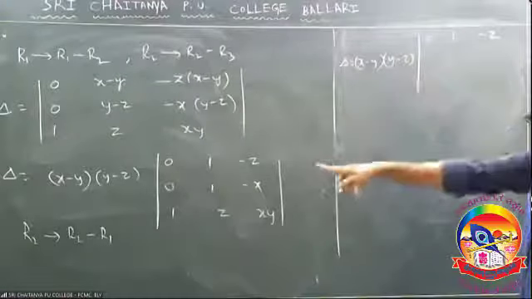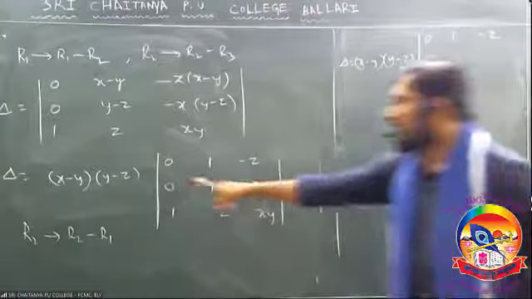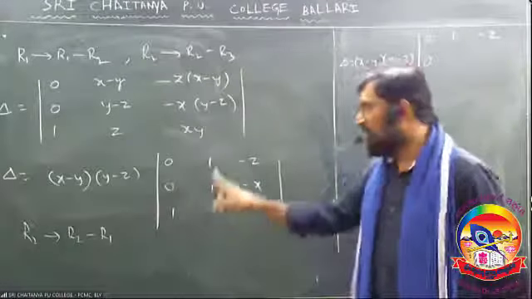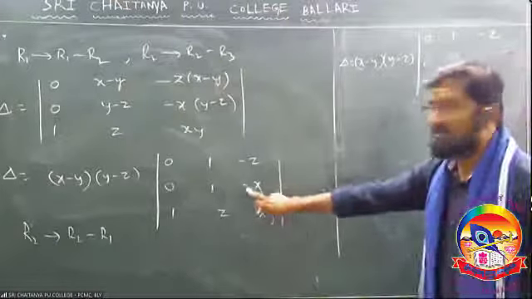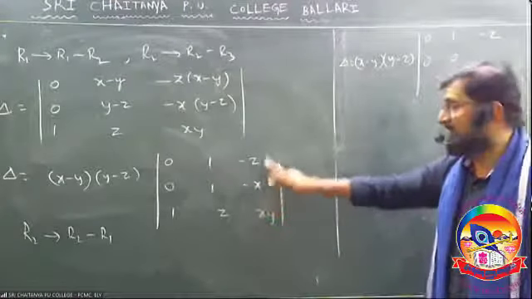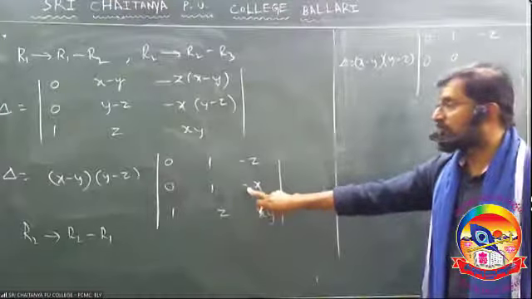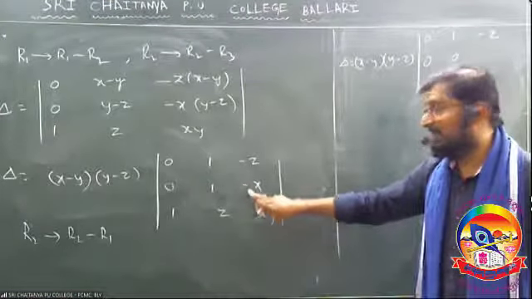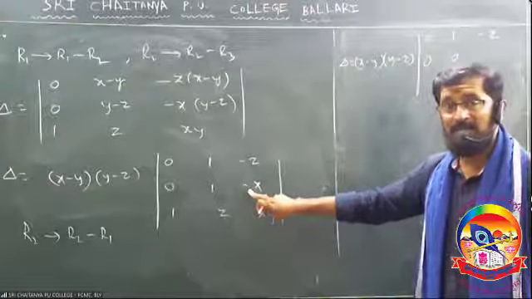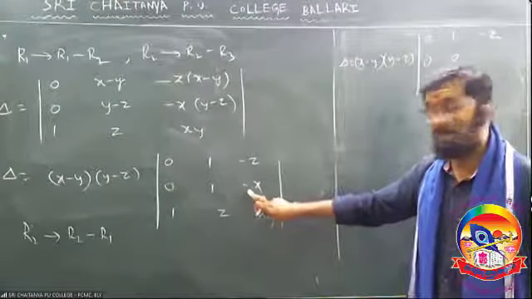Okay. And R2 changes to 0, 0 minus 0 is 0, 1 minus 1 is 0. Okay. And minus x minus of minus z. I am repeating. R2 minus R1, minus z minus of minus x minus of minus z. It becomes positive z. That is z minus x.